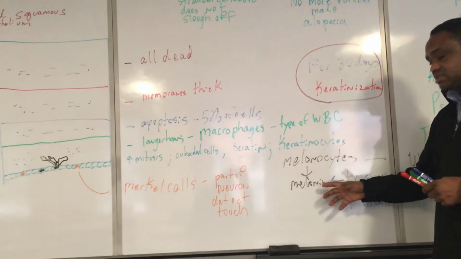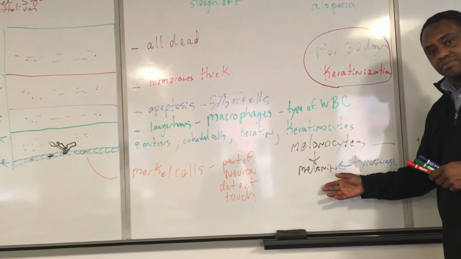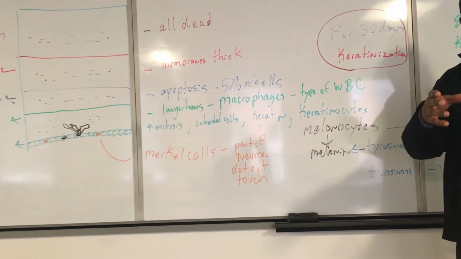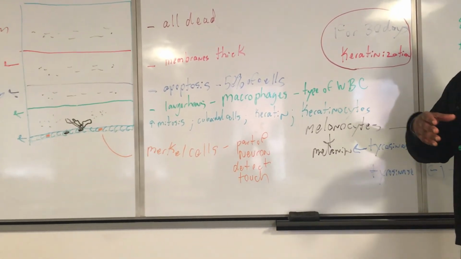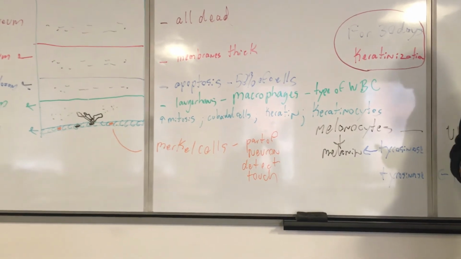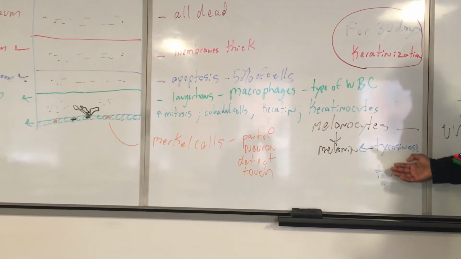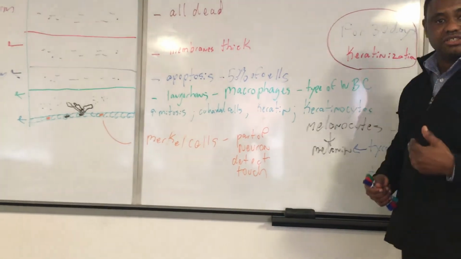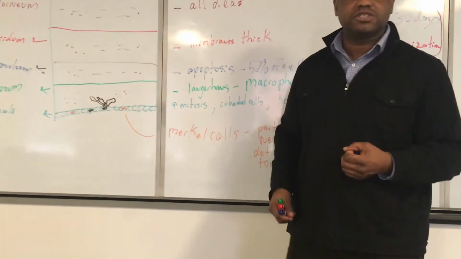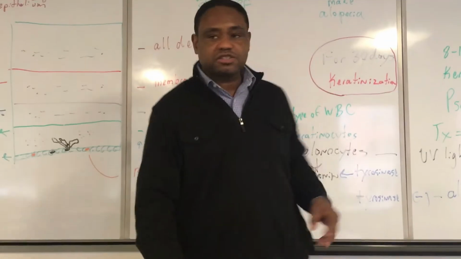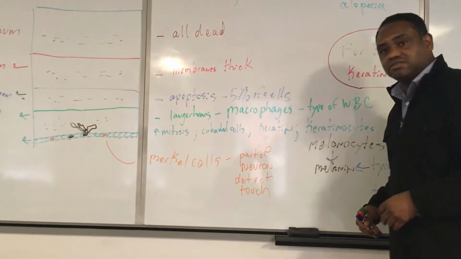And melanocytes, with their melanin, add protection from UV light. So now you're protected from heat, dangerous chemicals, and UV light. This is a function of skin, just by looking at the structures that are in the skin.